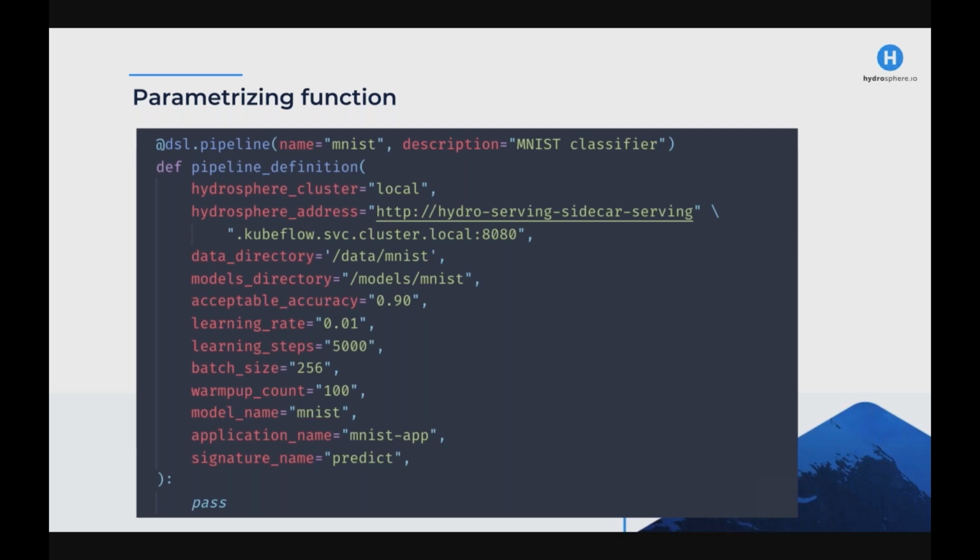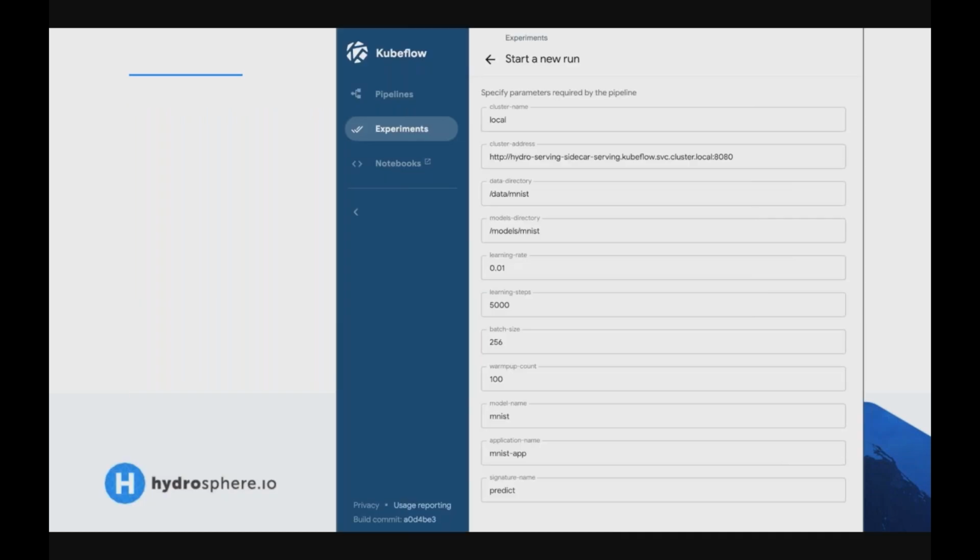And this function can be parameterized with the values that we would like to use during the workflow execution. Stepan said that some of the values, for example during downloading the data, were configured with environment variables. So here we provide those environment variables.